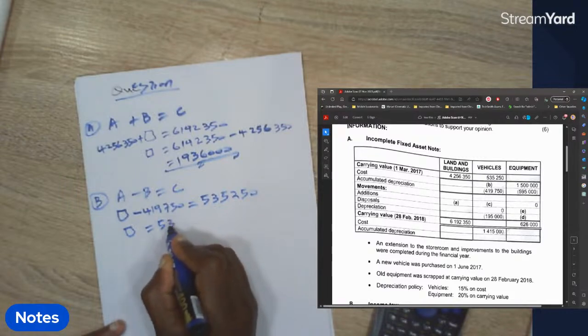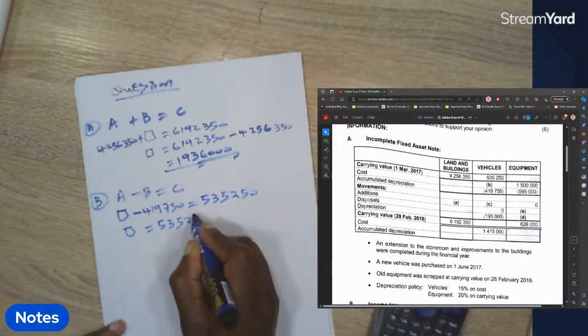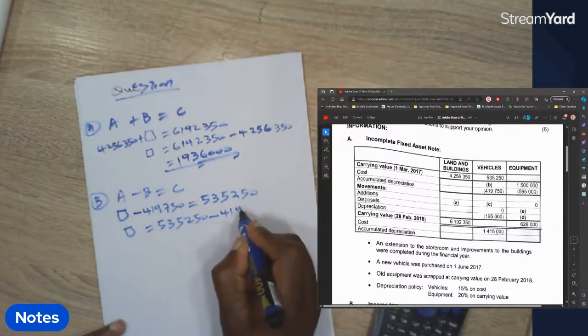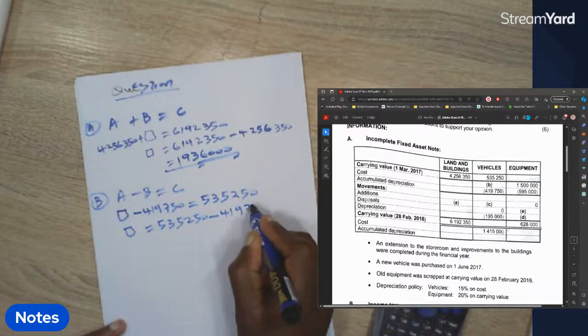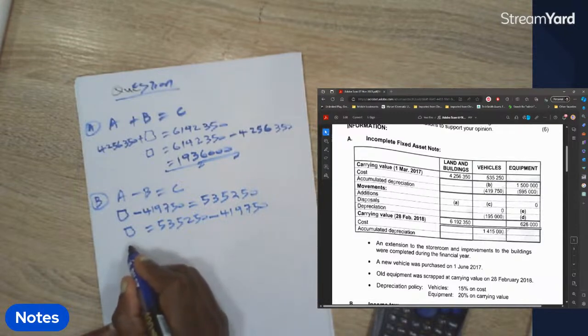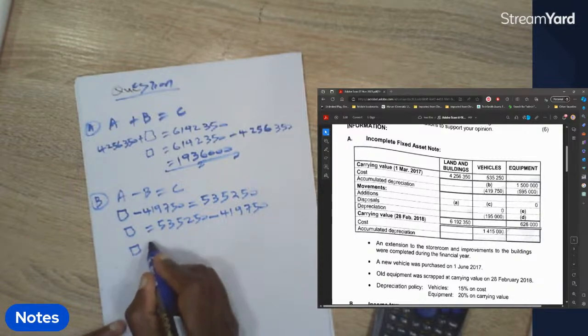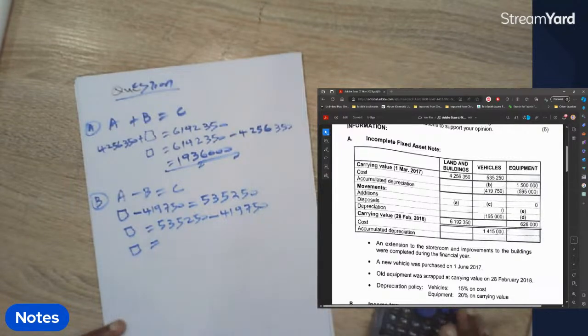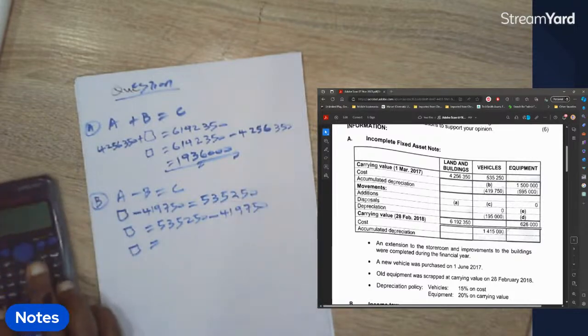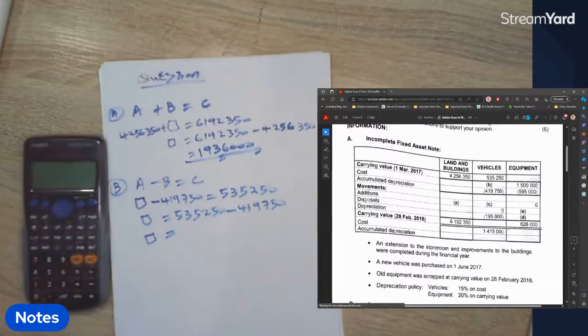Right, 535,250 grade 12 minus 419,750. Right. So you are proving this now. What is missing? Let's calculate together.